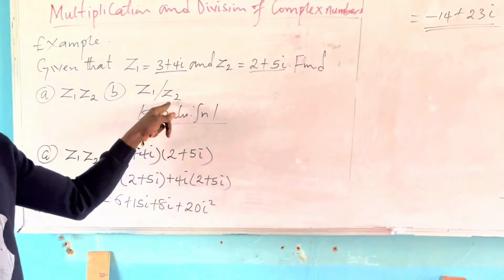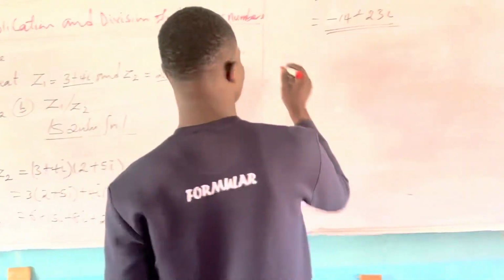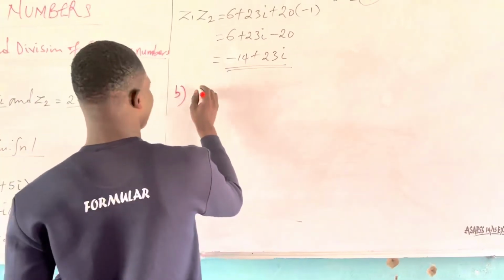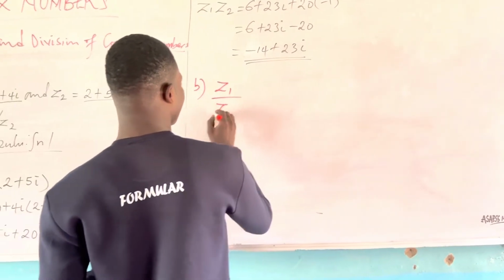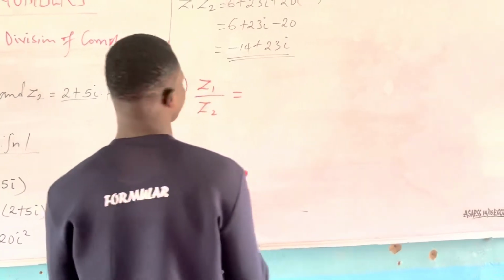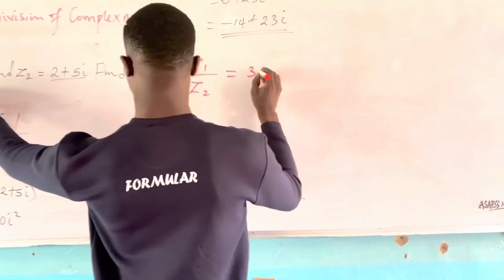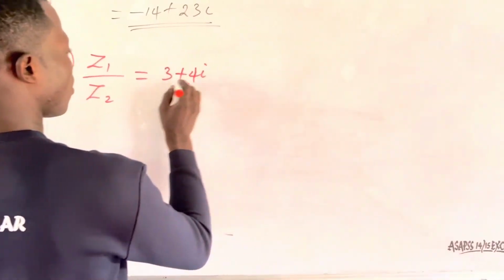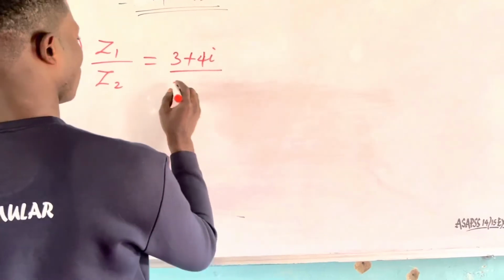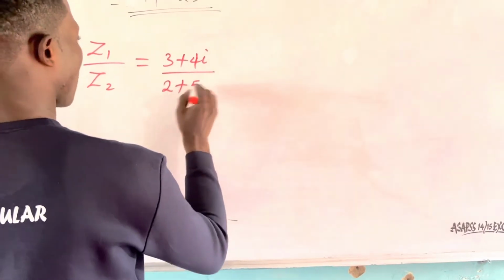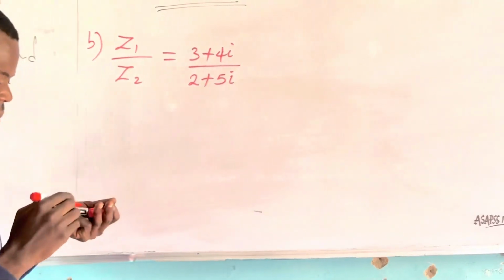Z1 divided by Z2. So B, Z1 over Z2 will be equal to, what is our Z1? This is our Z1, which is 3 plus 4i all over Z2, 2 plus 5i. Okay?